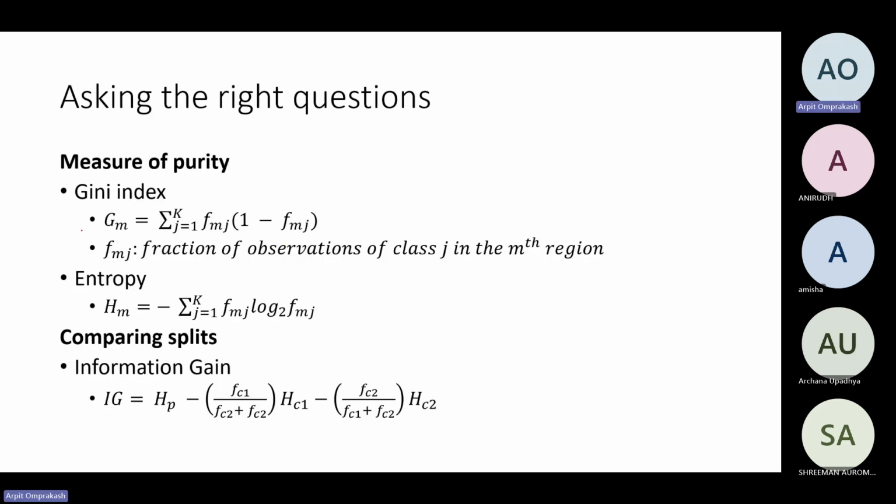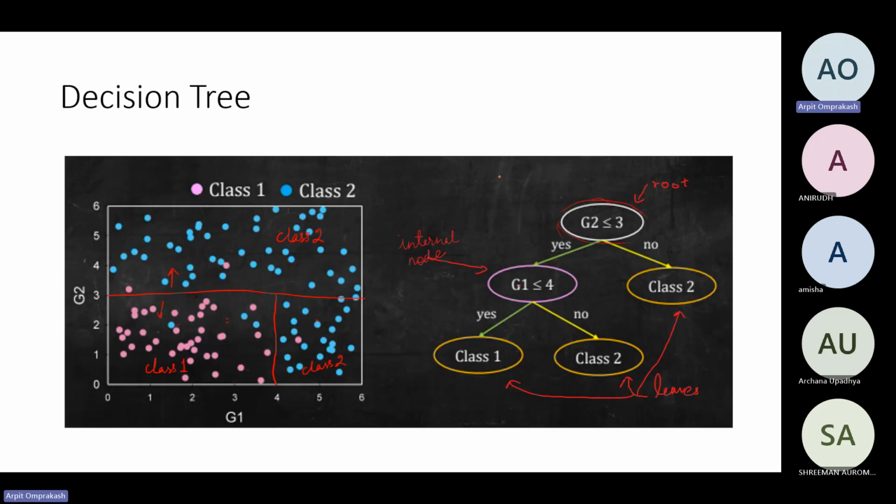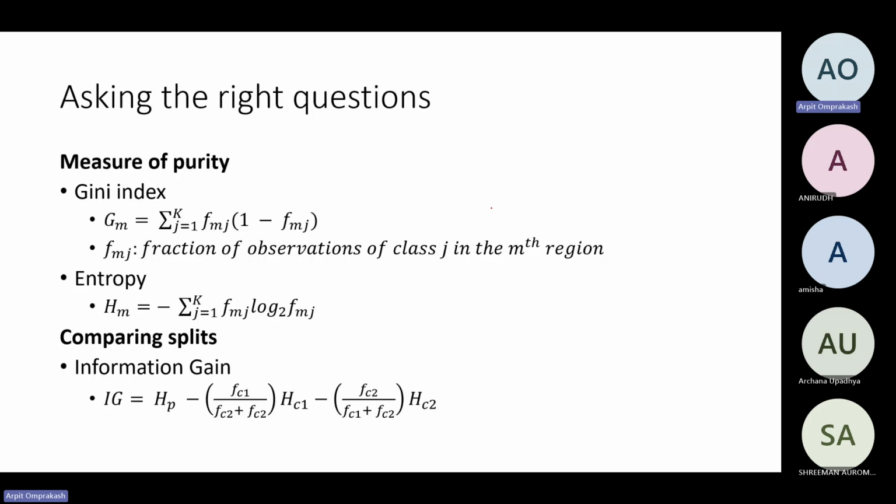In one region, we have a Gini index for each region, which is given as the summation over j from 1 to K of f_mj times (1 minus f_mj). K is the number of classes that we have. In this case, we just have two classes, class 1 and class 2, so K here will be 2. f_mj is the fraction of observations of class j in the mth region.